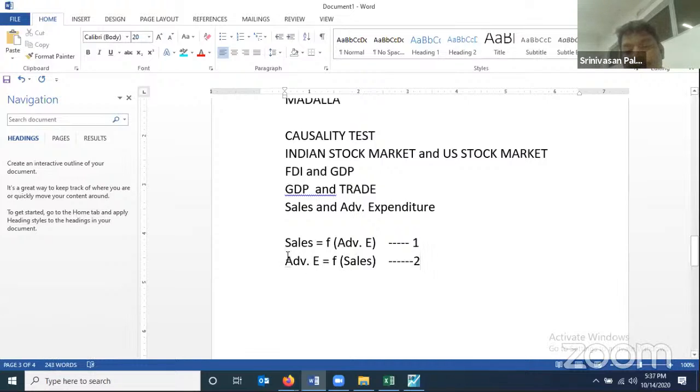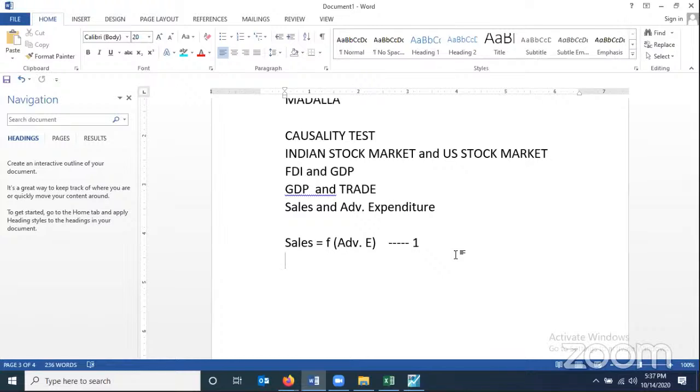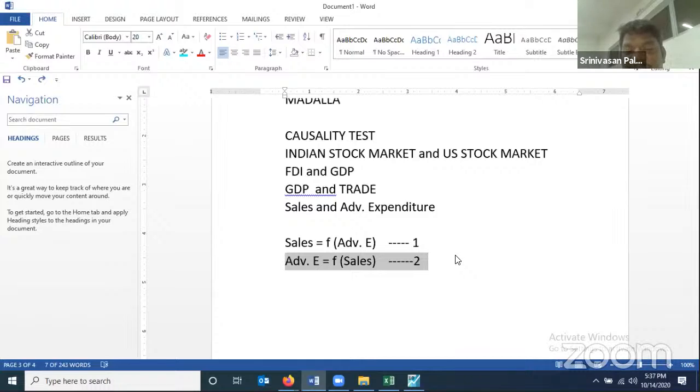Understood? Now I can estimate only this. This leads to bias, which is called a specification bias, because logically speaking, sales is a function of advertisement expenditure. At the same time, advertisement also is a function of sales.